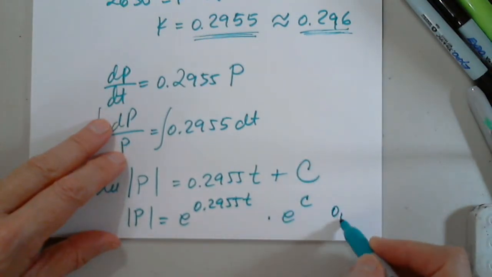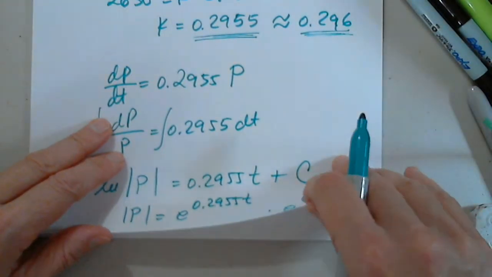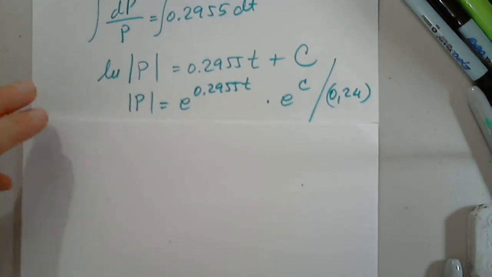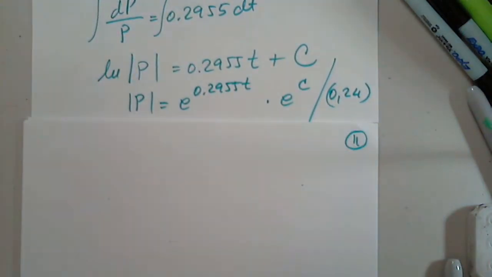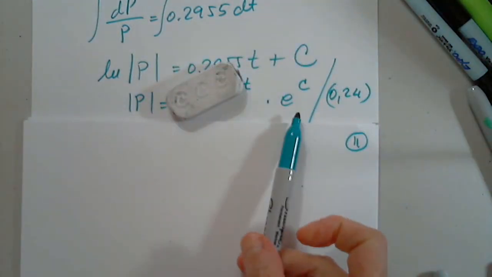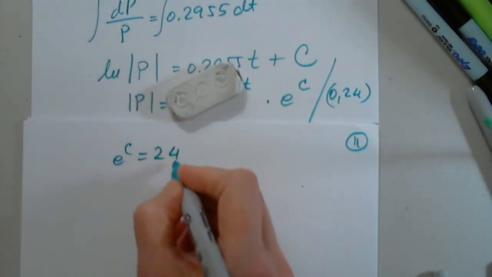So 0.24 is the point we have. Okay. So when t is 0, again, this is 1. So e to c must be 24. So e to c equals 24.